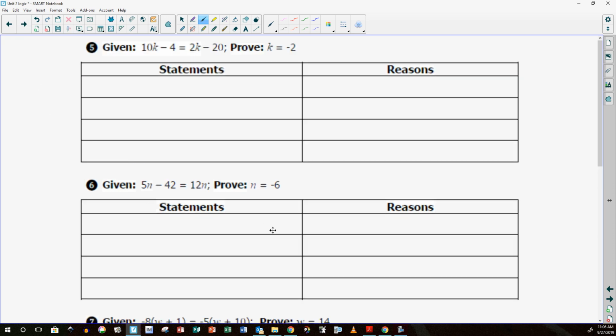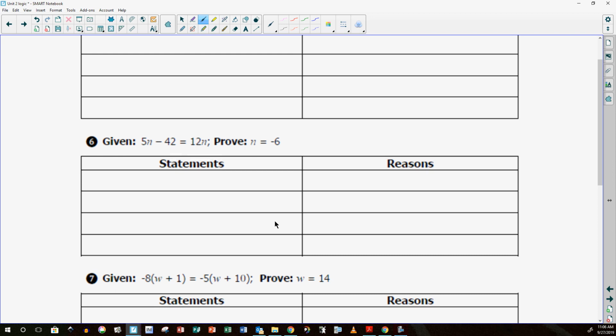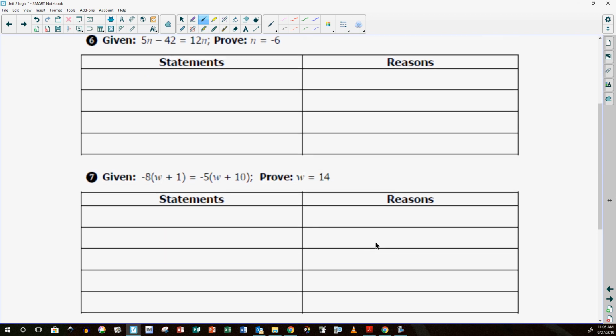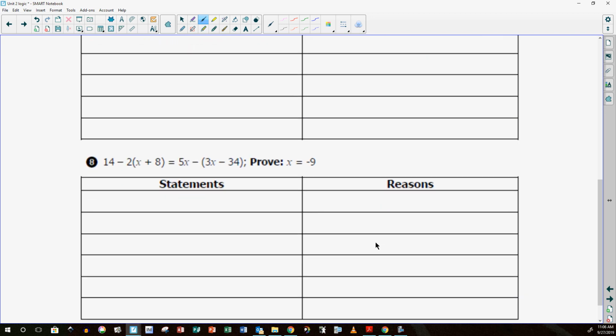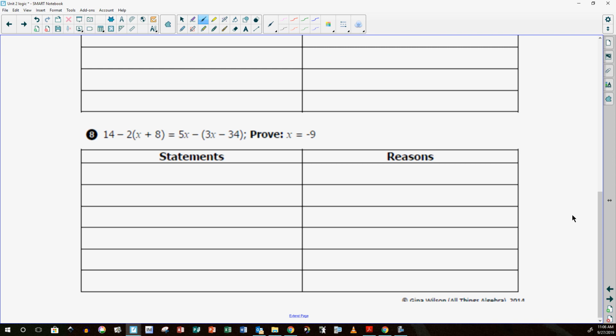All right, so we have several on the back, but I am going to skip down to number 8, and this will be the last one that I do, okay? So step 1, 14 minus 2 times x plus 8 equals 5x minus 3x minus 34, and that is what is given.